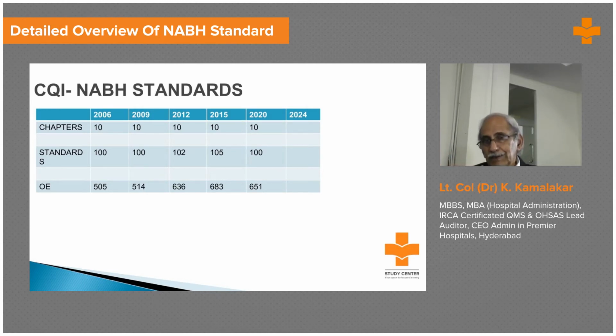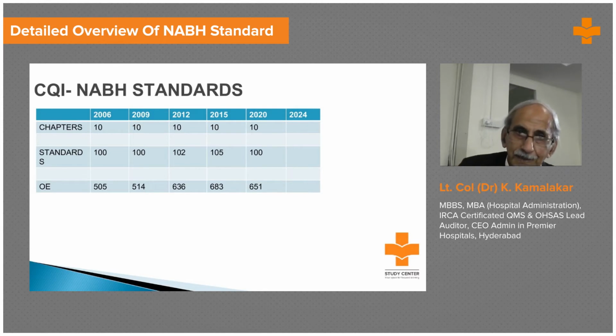But here, we are not overloaded with that, but there has been some shuffling. Some elements from one chapter have been coupled into other chapters, and some of the elements, because they found they have no relevance to the process, have been deleted. Such changes have taken place. But where it started at 505, now it has come to 651. Maybe it will increase next time.